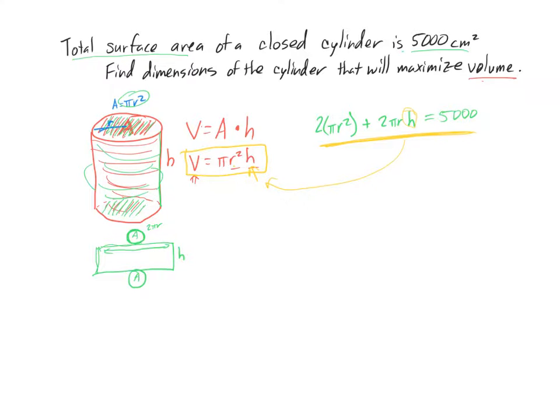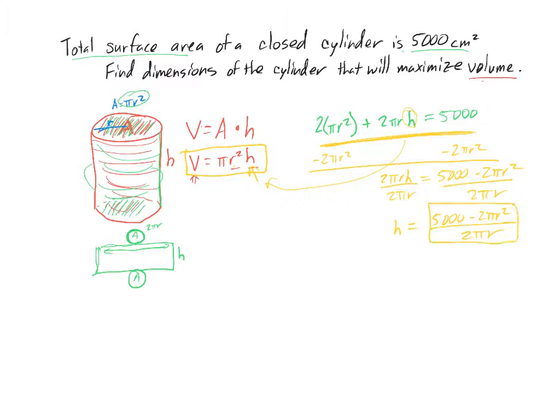So the first thing I'm going to do is subtract the 2 pi r squared to the other side, so that now I have 2 pi r h equals 5,000 minus 2 pi r squared. And then we'll divide by 2 pi r, so that h is equal to 5,000 minus 2 pi r squared over 2 pi r. We can now substitute this for h in the other equation.